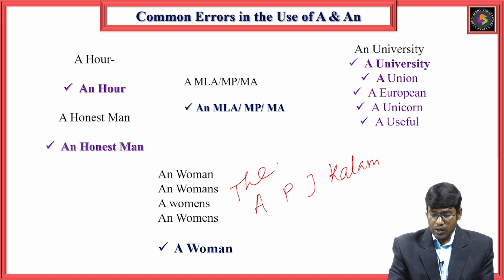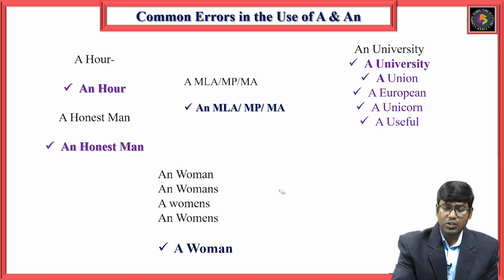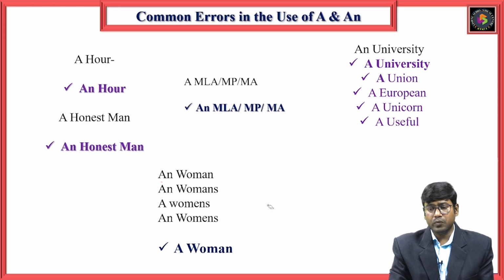APJ Abdul Kalam is a proper noun, so we shouldn't use any type of article before it. Not only APJ Abdul Kalam, but any proper noun, we should not use any article before it. When we are making a proper noun a common noun, then we can use an article.